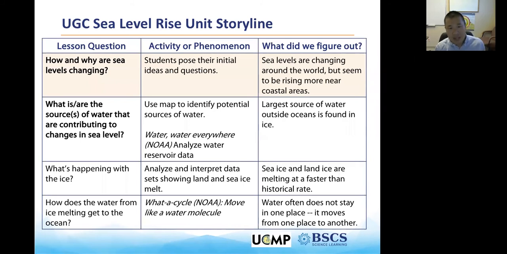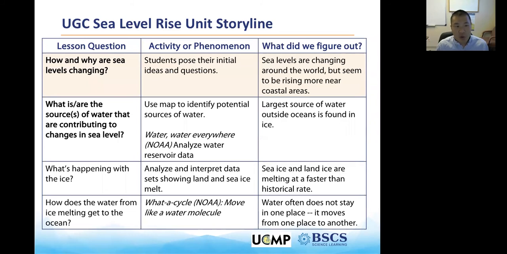So that first column has the anchor phenomenon and the driving question: why are sea levels changing? Kids pose their initial ideas about that data set that you saw earlier, and kids figure out that sea levels are changing around the world and they might be rising more in coastal areas, but they don't know why. And then we have these sets of investigations. You'll see the question about what's the source of water that's contributing to the increases in sea level.